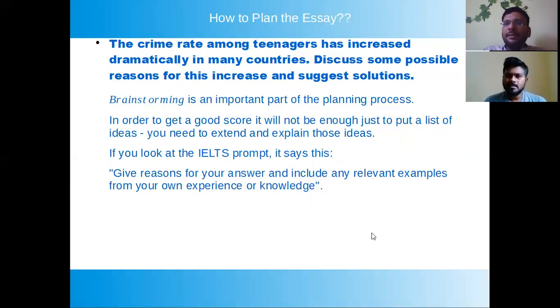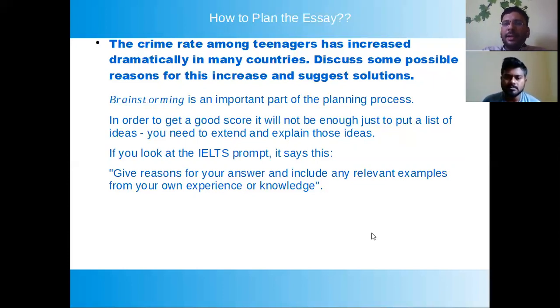The other keyword is increase dramatically. So these are the two keywords that I'm looking at. So I use these keywords to brainstorm for ideas, right? So you need to jot down some points on a piece of paper before you actually start putting pen on your paper.